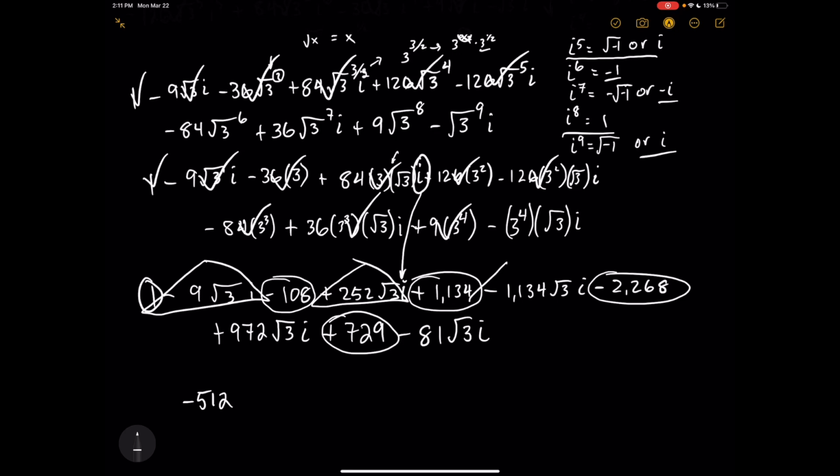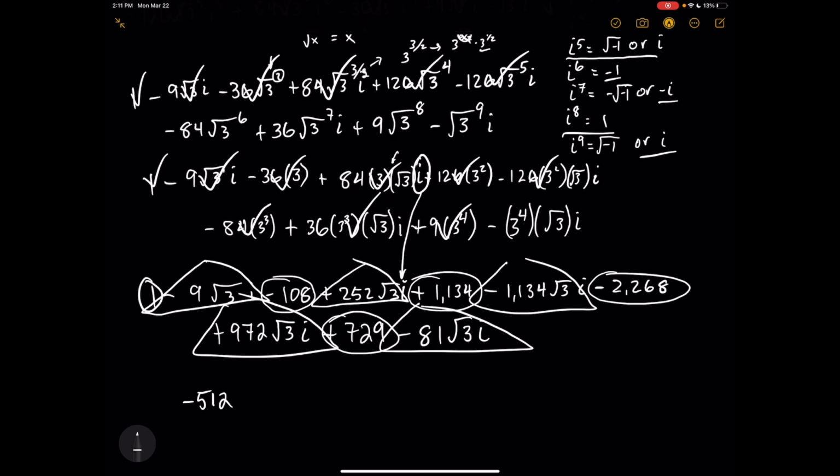So we will do all of those now. Root 3 i's. So go ahead and add those together, so that is negative 9 plus 252 minus 1134 plus 972 minus 81.